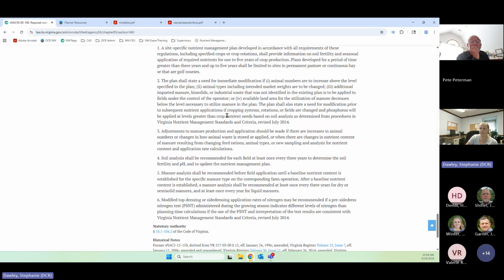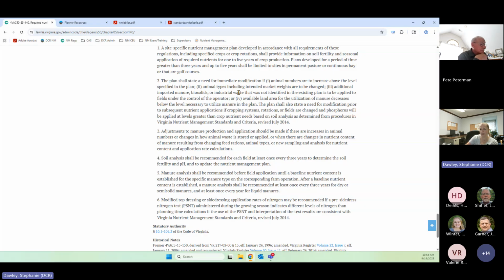If you have a farmer who increases the animal numbers significantly above the level stated in the plan, and that's maybe not going from 99 cows to 100, but if they go from 99 cows to even 105, 110, that's going to change how much manure is created.